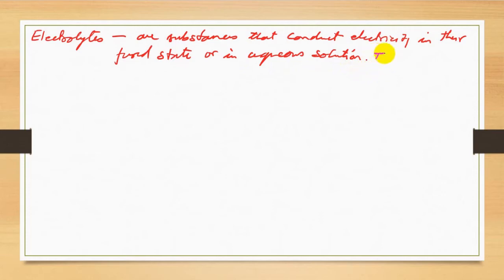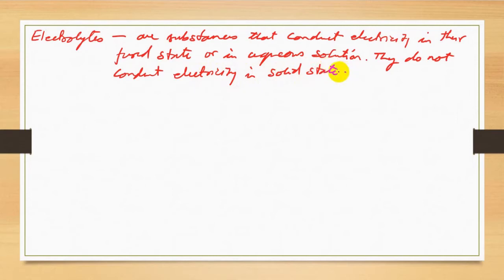Okay, they do not conduct electricity in solid state. Now here, this makes a difference, because a metal can conduct in solid state also, and it can conduct in liquid state also.